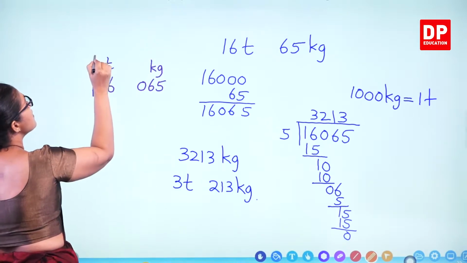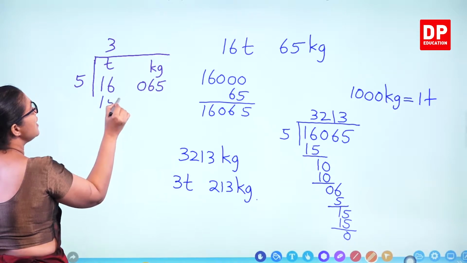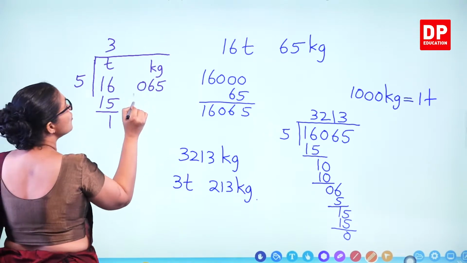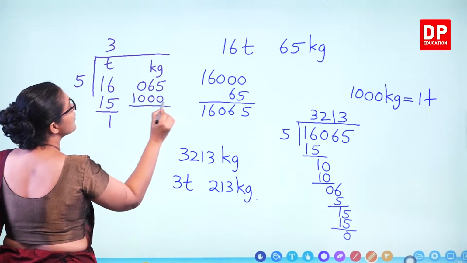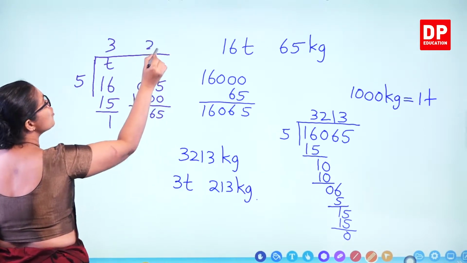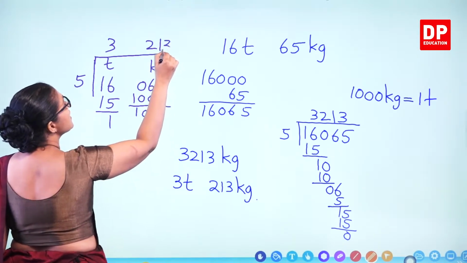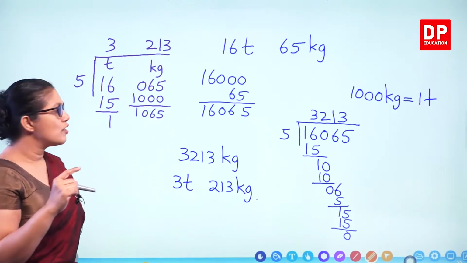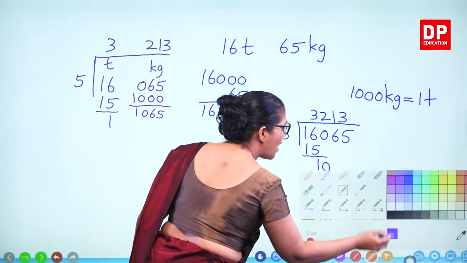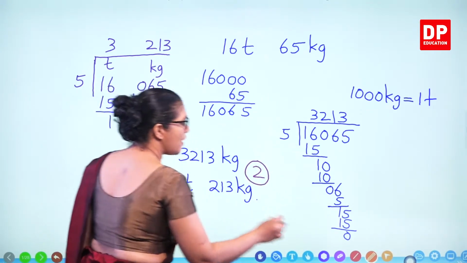Divide by 5. 5 times 3 is 15, 1 remaining. 1 ton remaining means 1000, so you take 1000 to this side. So 1065. Now divide by 5. 5 times 2 is 10, 5 times 1 is 5, and for 15, that's 3. So 3 tons and 213 kilograms. This way is also possible. So you get 2 marks for the final answer.